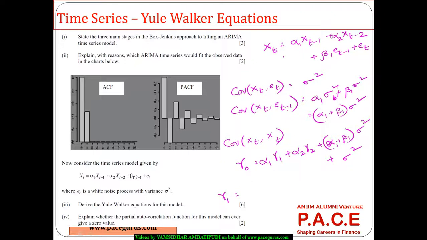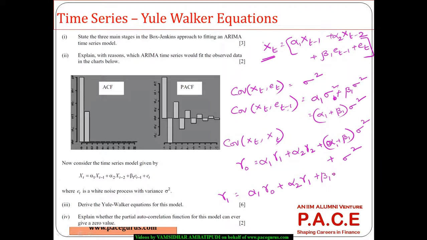Now when I take the covariance between x_t and x_{t-1}, this comes out as alpha 1 times gamma 0 plus alpha 2 times gamma 1, plus beta 1 times the covariance of x_{t-1} and e_{t-1}, which is sigma squared itself.